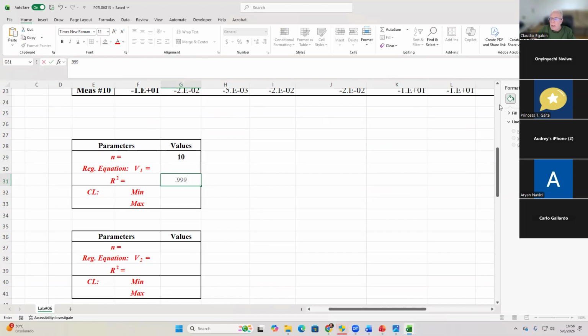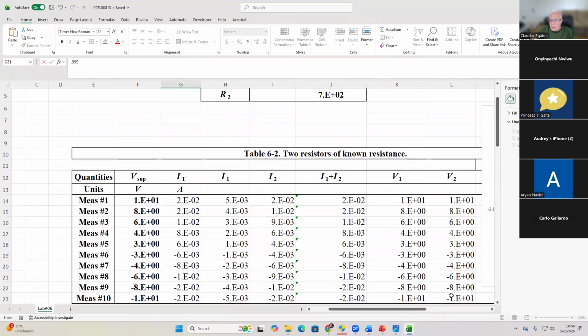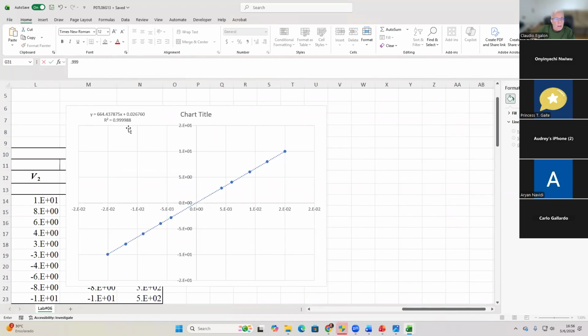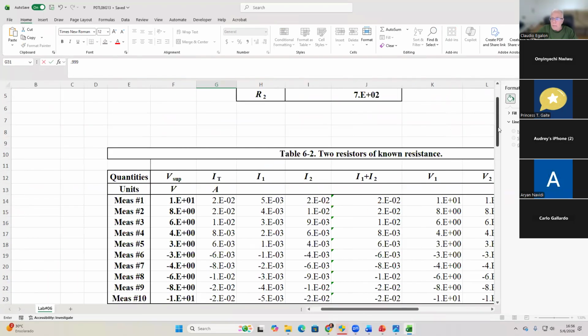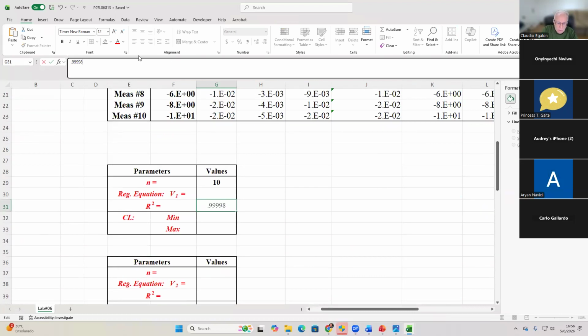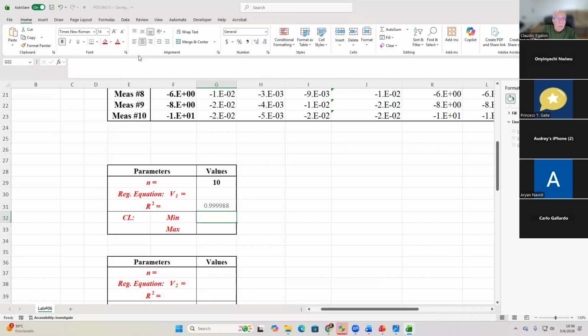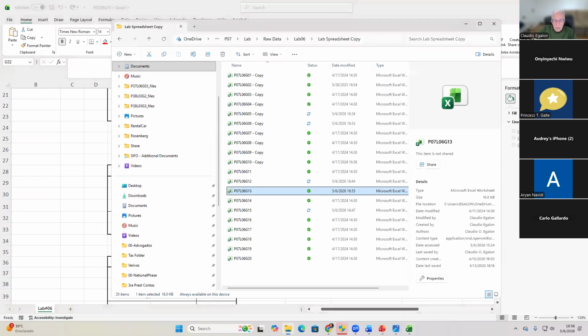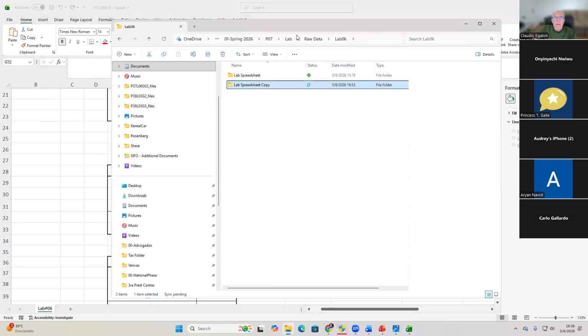0.999. It's so high, right? 4 nines, 8, 8. And then you go to that table, the confidence level table.